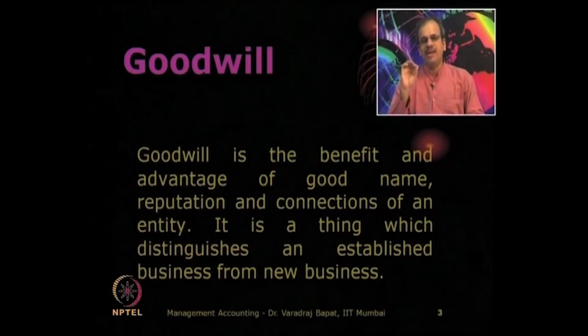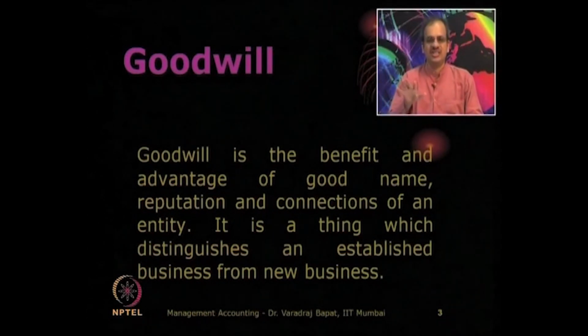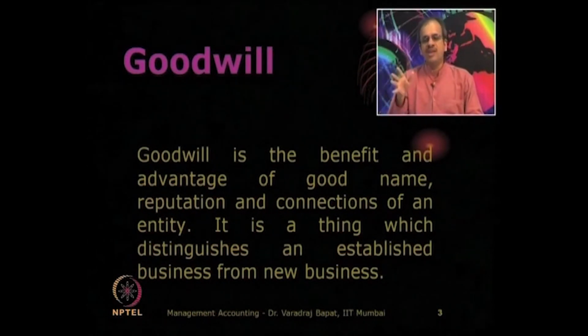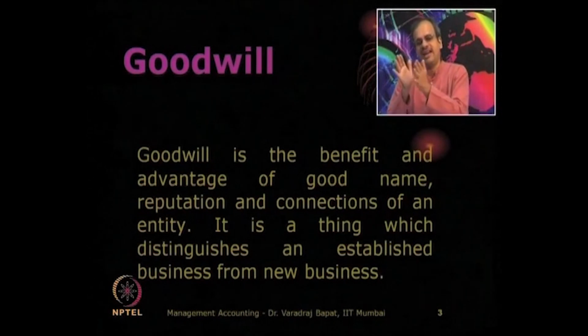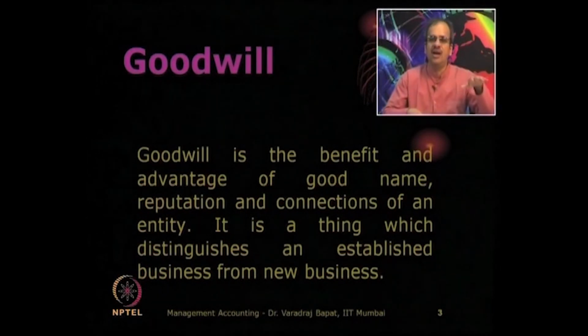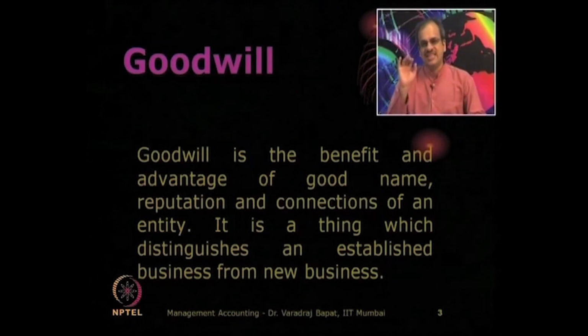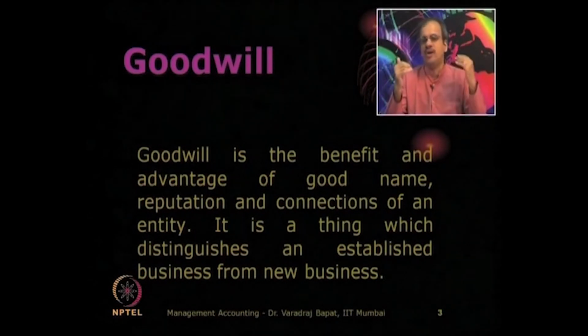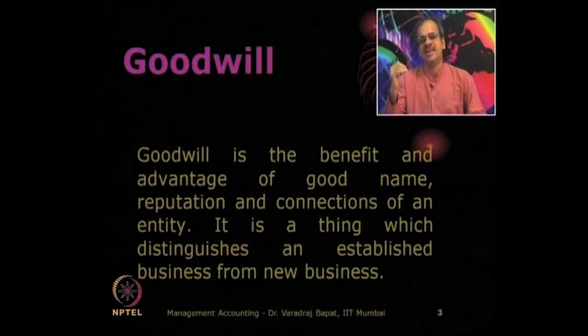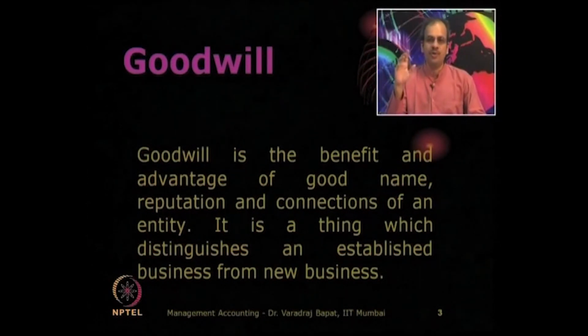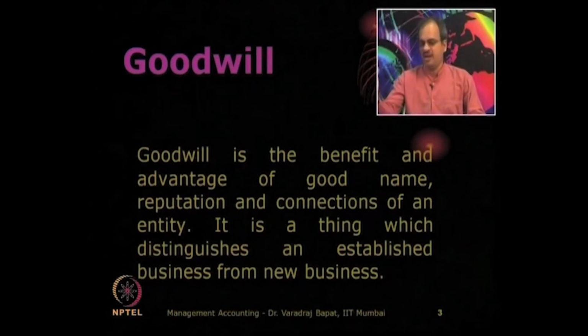So goodwill is a benefit and advantage of good name, reputation and connection. This is something which makes the difference between an existing entity and a new entrant in the field. Always an existing entity has an advantage over a new entrant because an existing entity is likely to have developed goodwill over the period of years.